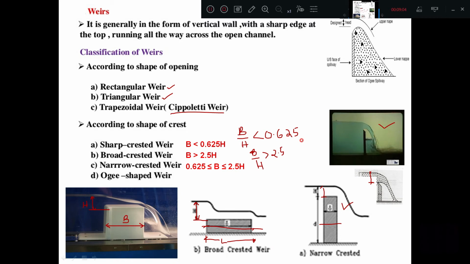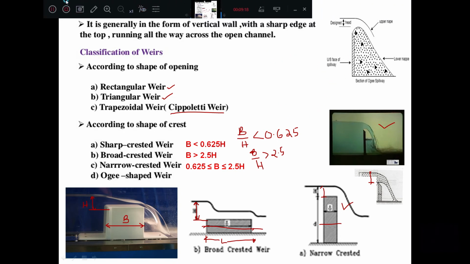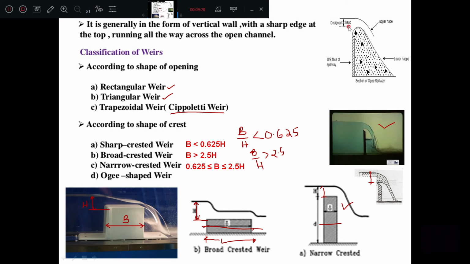Apart from these, one more type of weir we can classify is the ogee shaped weir. Look at this picture here. This shows an ogee shaped weir.